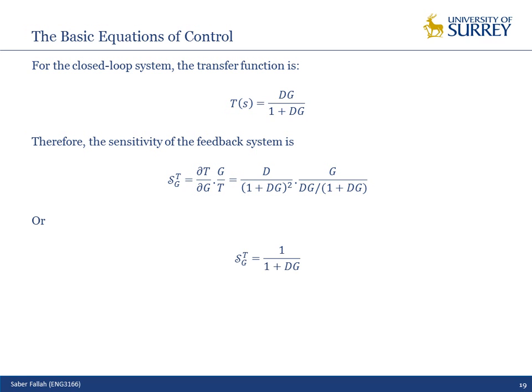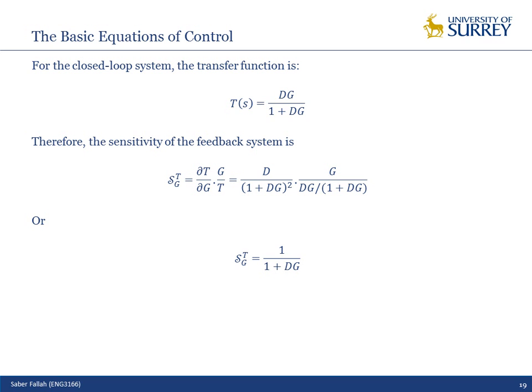If you look at the handouts, we already defined the sensitivity function S and the complementary sensitivity function. If you look at page 4 of your lecture notes, the second slide, you see we already defined S as the sensitivity function.